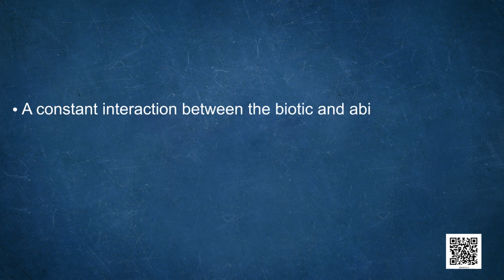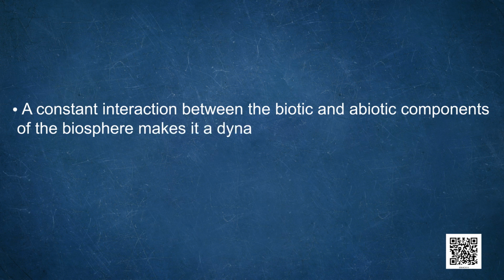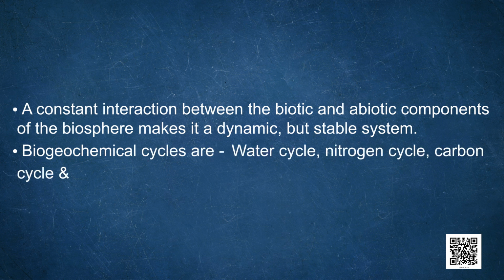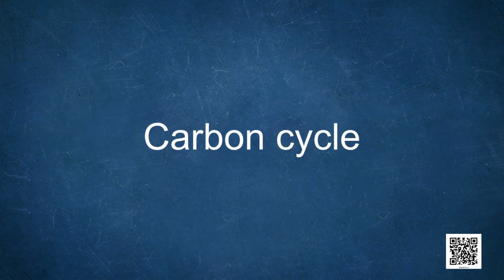Biogeochemical cycles. A constant interaction between the biotic and abiotic components of the biosphere makes biogeochemical cycles. Biogeochemical cycles are water cycle, nitrogen cycle, carbon cycle, and oxygen cycle. Carbon cycle.